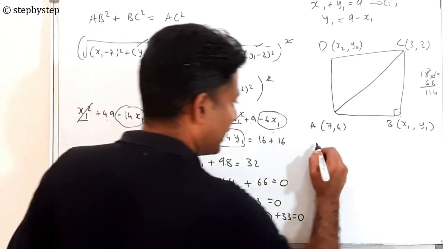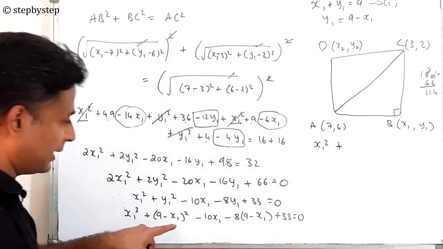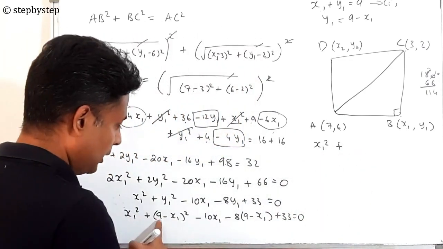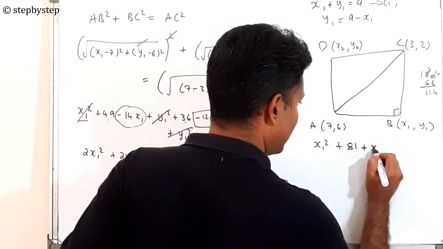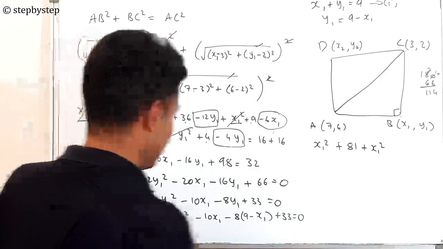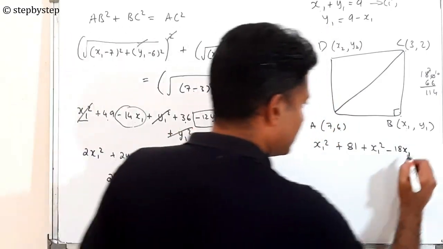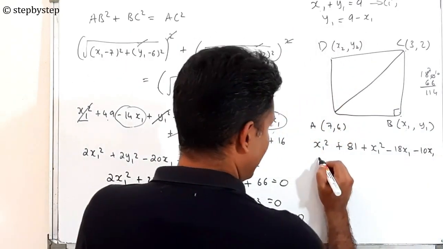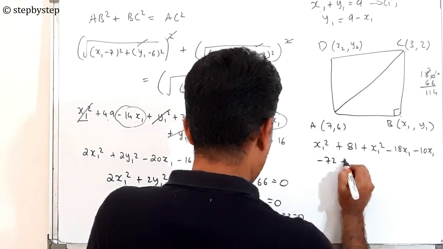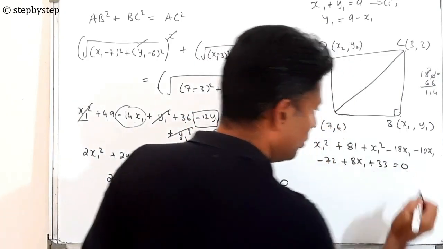So opening the brackets, using the a minus b whole square formula: a square, that is 9 square, 81, plus b square, that is x1 square, minus 2ab, so minus 18x1, minus 10x1, then minus 8 into 9, minus 72, plus 8x1, plus 33 equal to 0.